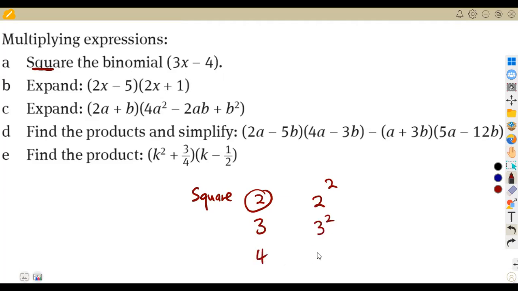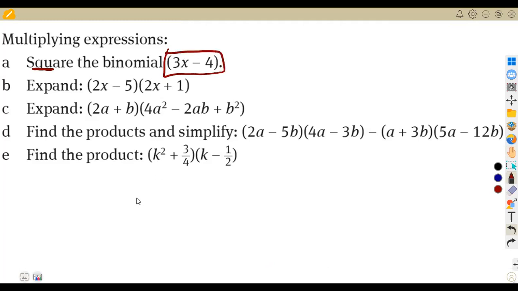To square 4, it means 4 to the exponent of 2. So to square, that is to raise a number to the exponent of 2 or an expression, whatever that you're given. So here we are given to square this binomial here. All right, so let us square the binomial, which is 3x minus 4 like this. So they are saying we are supposed to square it.